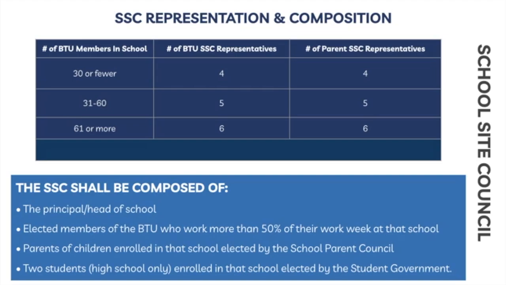If you have a school that has 61 or more BTU members, the same equation: it's 6 staff plus the school leader, a total of 7. It should also equal 7 parents on the parent side. This is important to ensure there's equity in voice at the table. So we strive to have all schools make sure it's a balanced representation of both staff as well as parents.